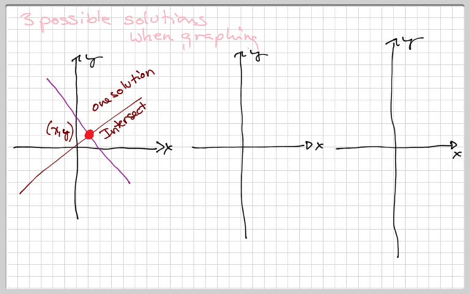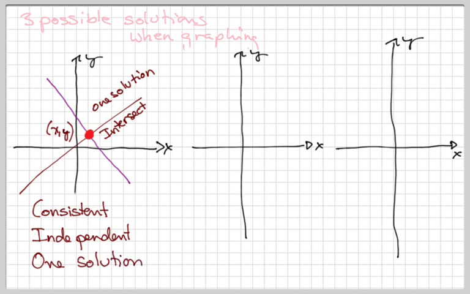Now when we do have graphs and they look different, they are categorized in different words, you've got to remember that, as consistent, independent, and in terms of solution, they have one solution.